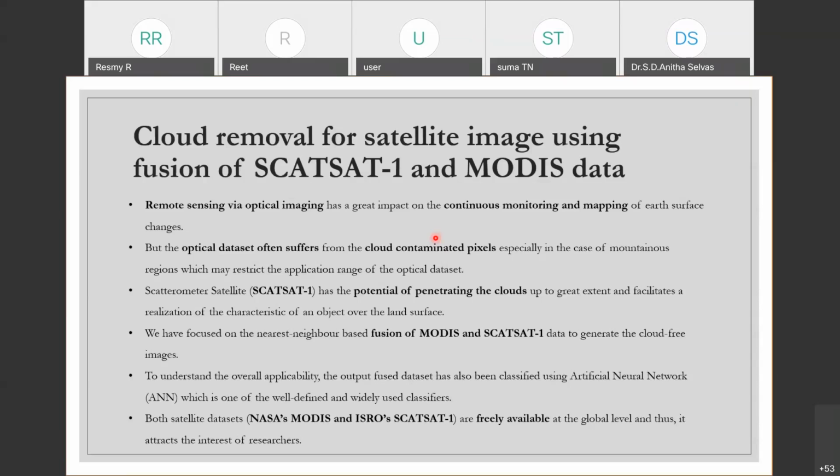To understand the overall applicability, the output fused data has also been classified using the ANN method, which is a very well defined and widely used classifier. Both satellite data, MODIS and SCATSAT, are freely available at global level, and thus it can attract the interest of researchers.